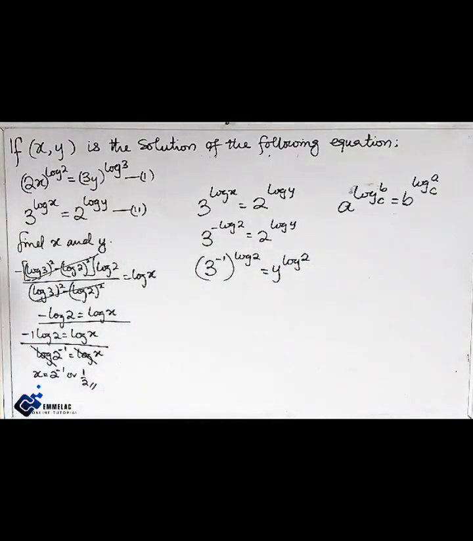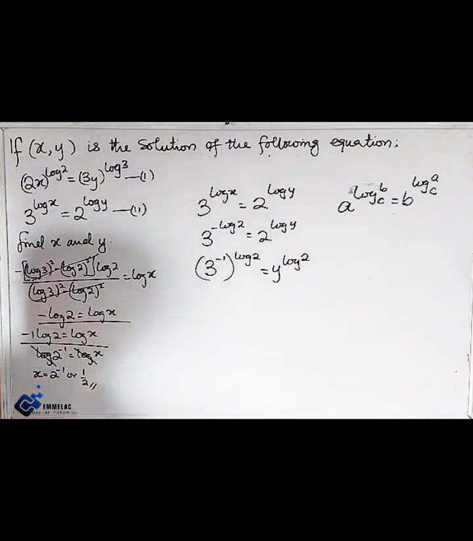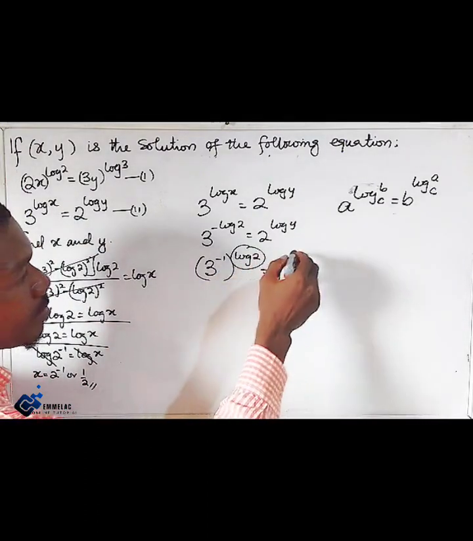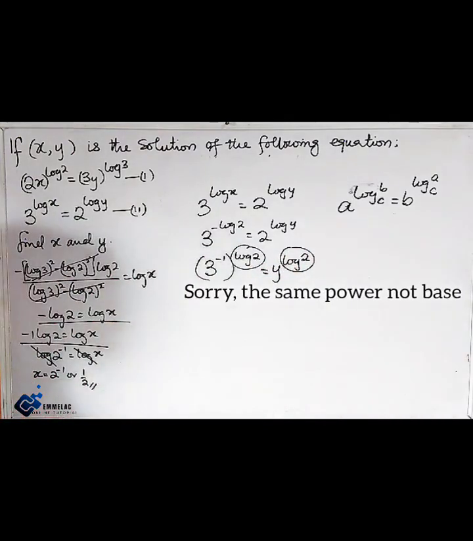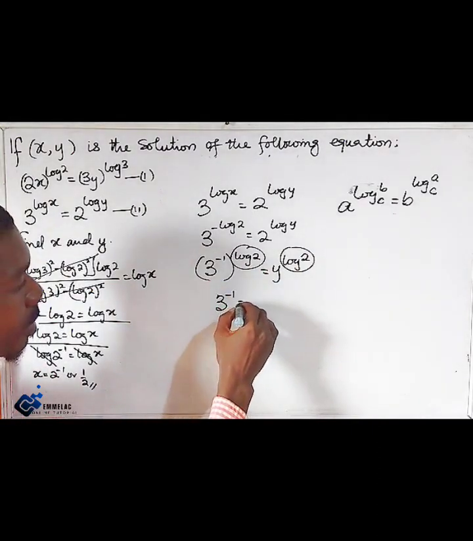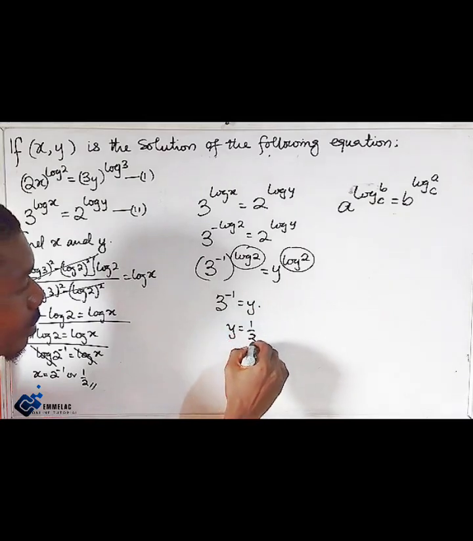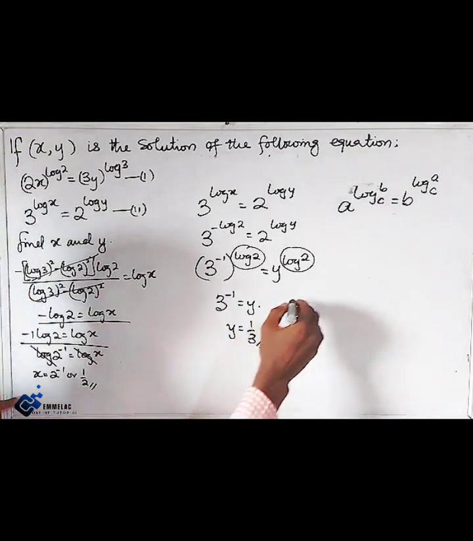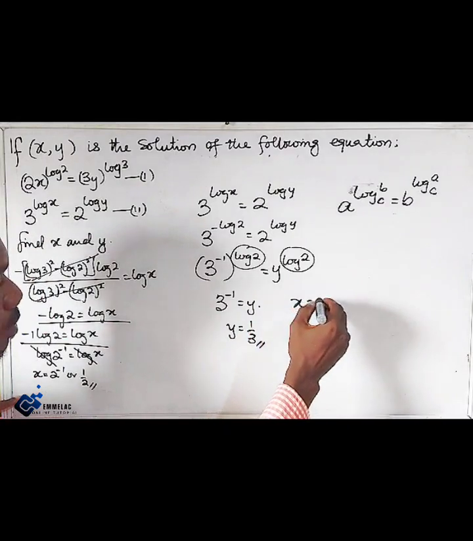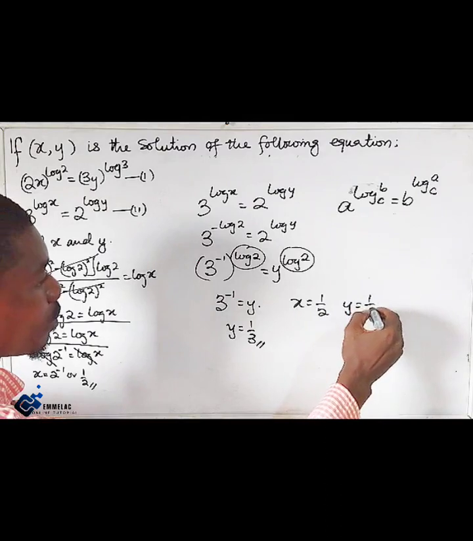And you can now see that from the right hand side and the left hand side, we have the same base. So we can now say 3 raised to the power of minus 1 equals y, which means y equals 1 over 3. Therefore x equals 1 over 2 and y equals 1 over 3. Final answer.